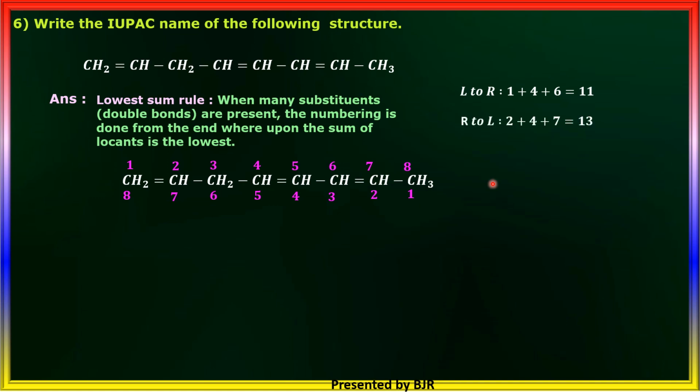From right to left, the second carbon, that is 2 plus, the fourth carbon contains a double bond, 4 plus, and the seventh carbon contains a double bond, 7. So the sum of the locants is 2 plus 4 plus 7, 13. So giving the numbering from right to left is wrong. Wrong numbering, correct numbering.